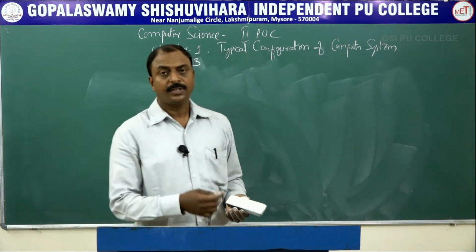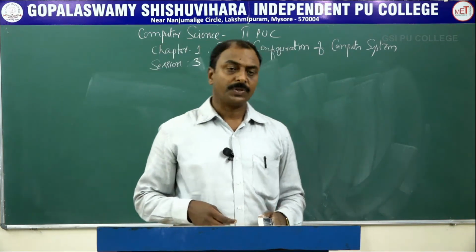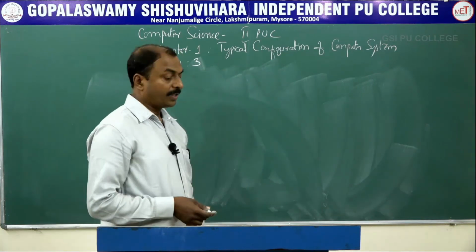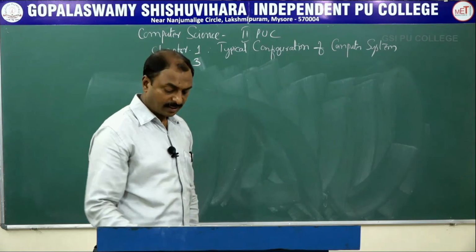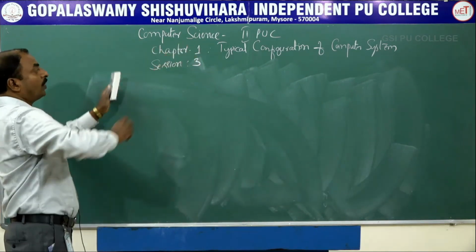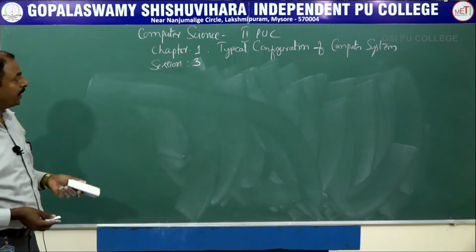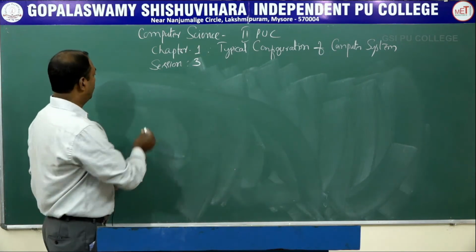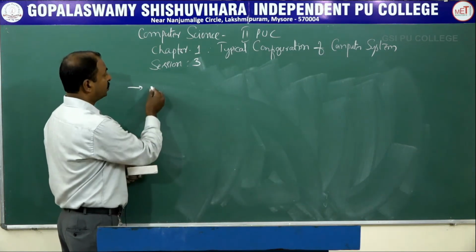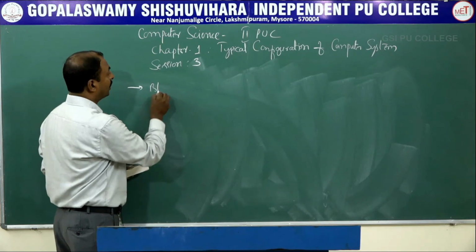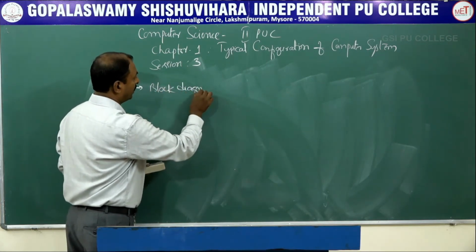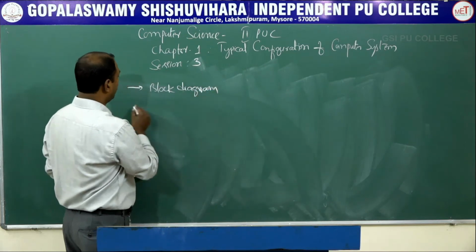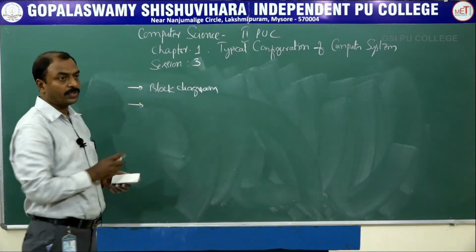So dear students, this ends chapter 1, typical configuration of computer system, and I will just summarize what you have learned in this chapter from session 1. First we started the chapter with the block diagram of a computer system, where we learned how a computer works.